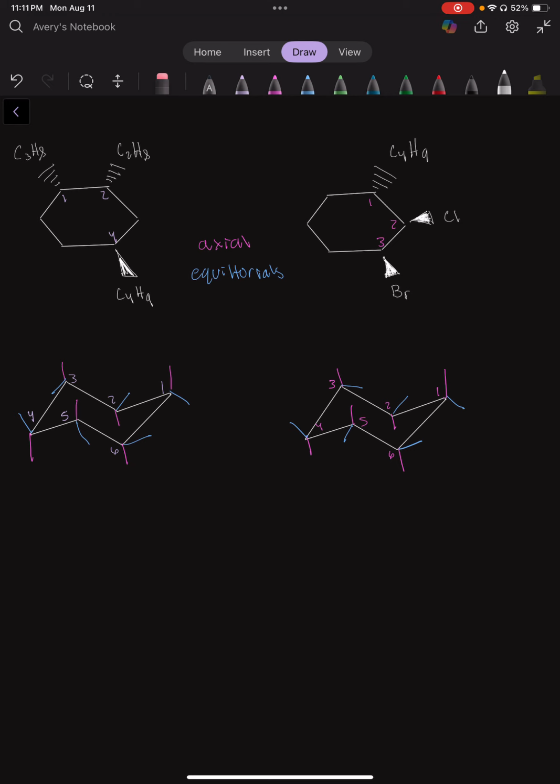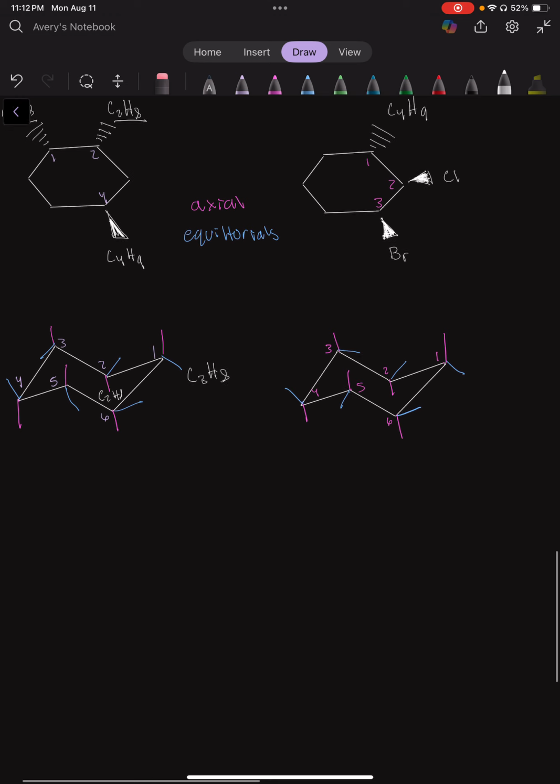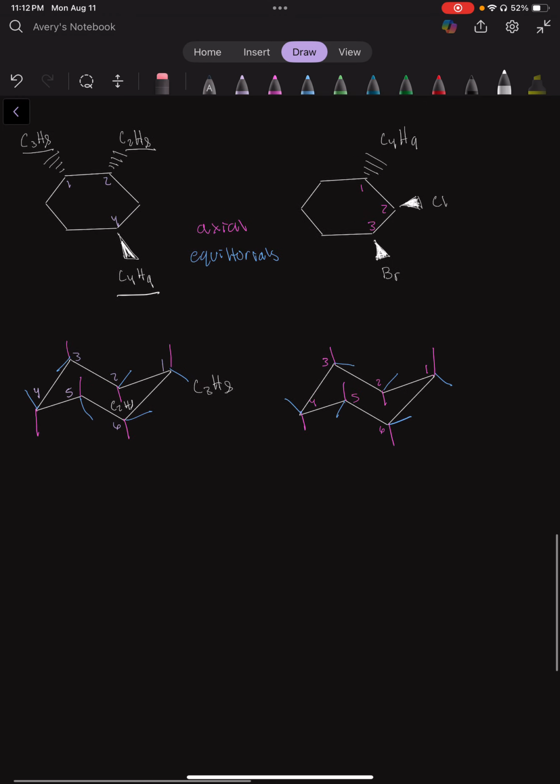The C3H6 is going down on 1 because it's the dashes, so it's away from us. So it's going to go here. For C2H6, it's going down on 2, so it's going to go here. And then C4H9 is going to be up on 4.